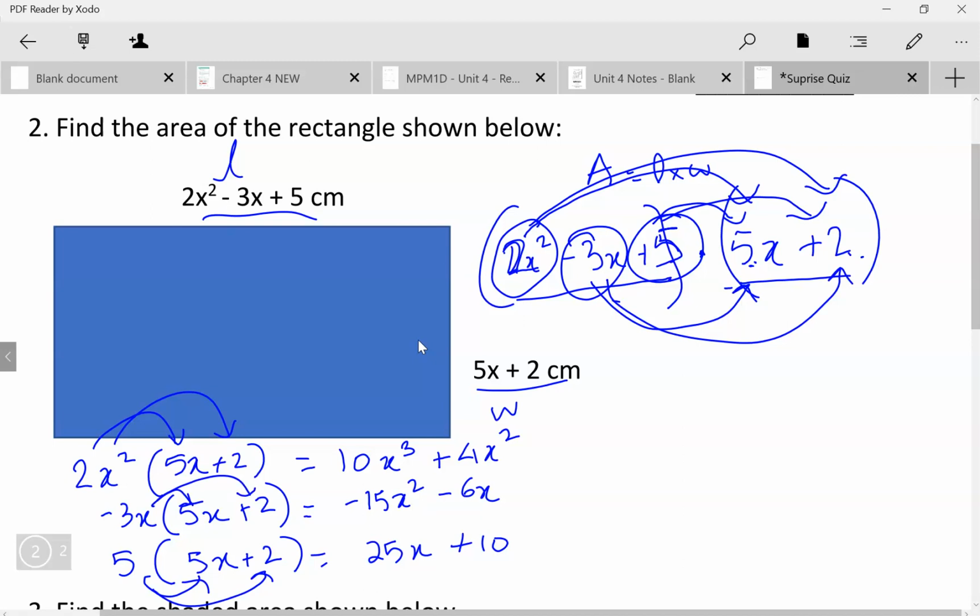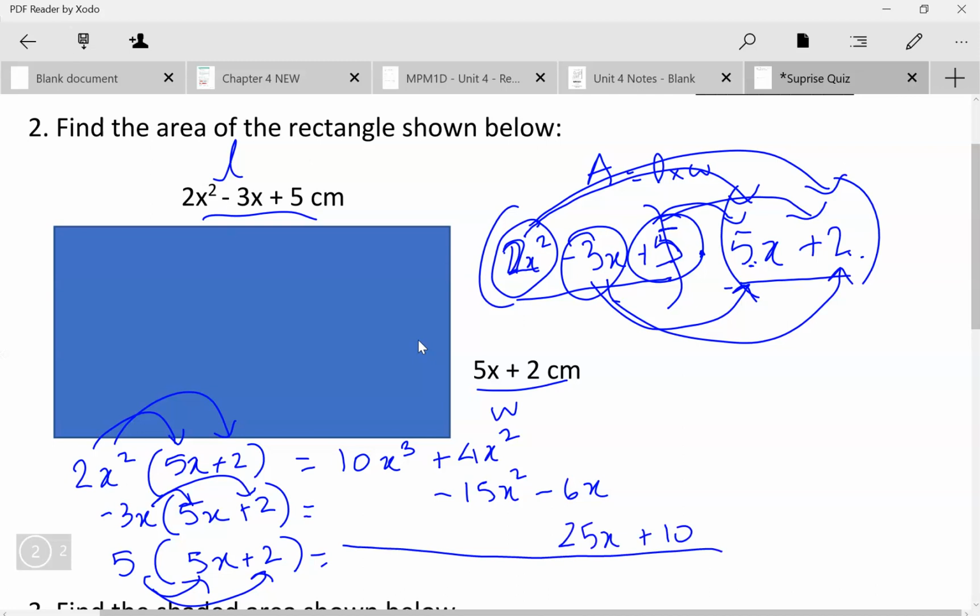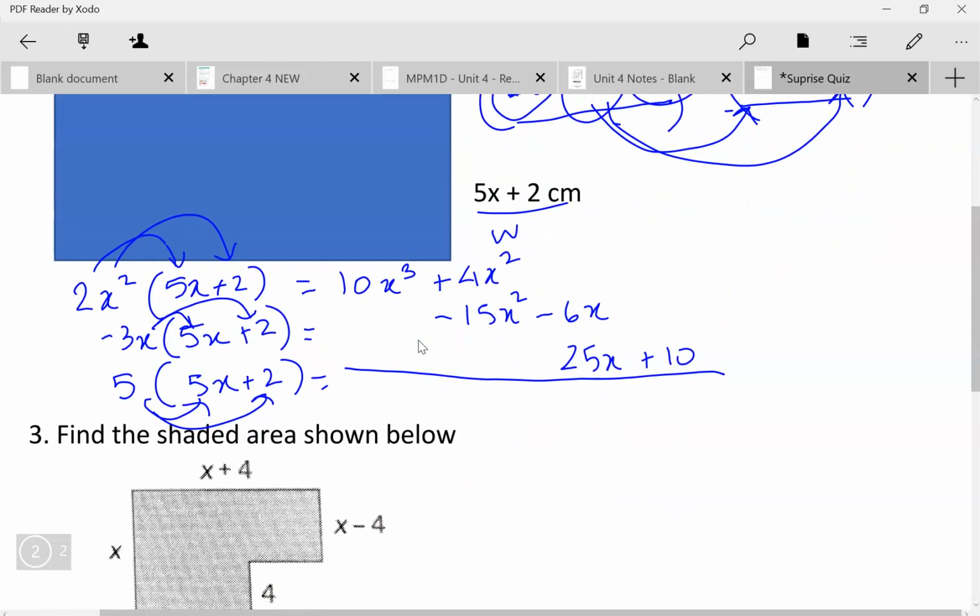And then I'm going to combine like terms. I could have written this better where my like terms kind of lined up, so I'm going to do that. I had a minus 15x squared minus 6x, and here I had a 25x plus 10. So what I've done is I've just written it so that all my like terms are underneath each other so that it's easier to add them. I have 10x to the power of 3 minus 11x to the power of 2.